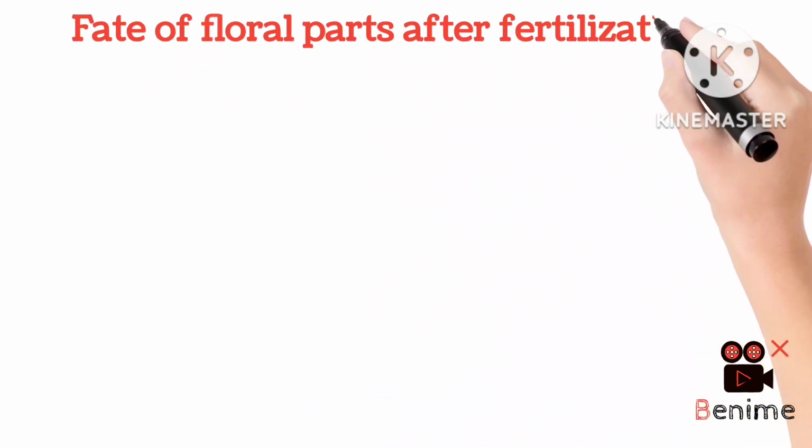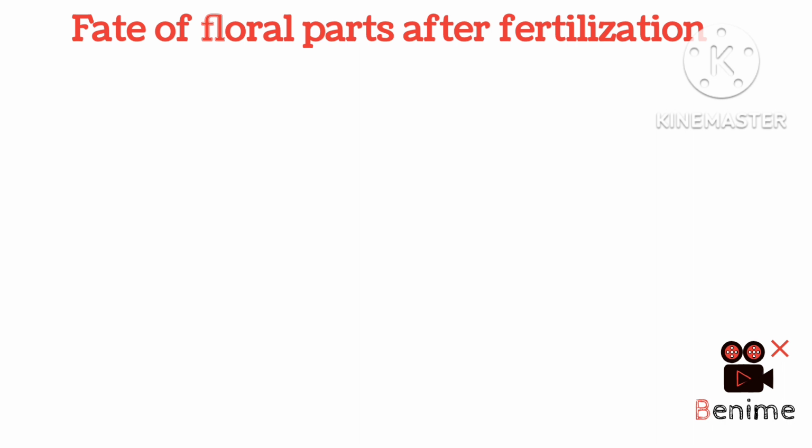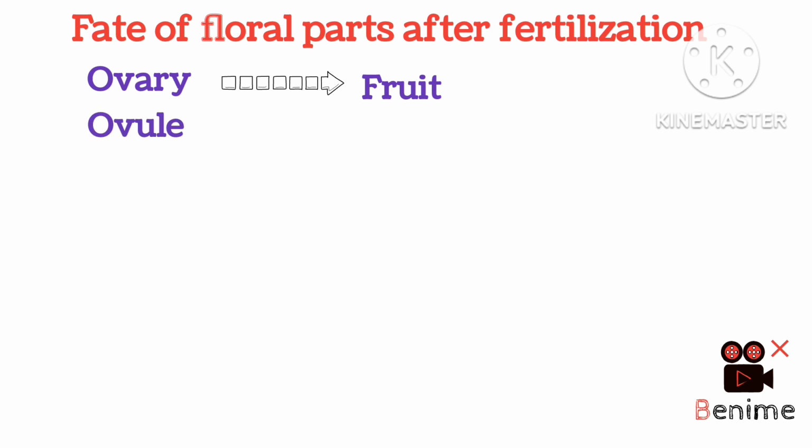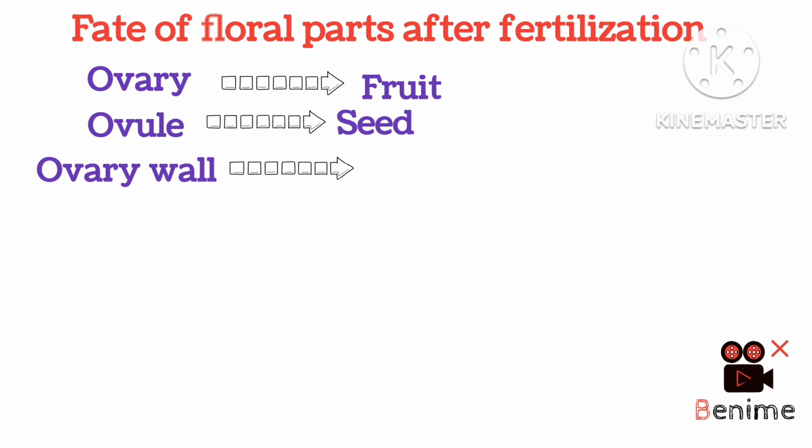Fate of floral parts after fertilization. Ovary becomes the fruit, ovule becomes the seed, ovary wall becomes the fruit wall or pericarp.